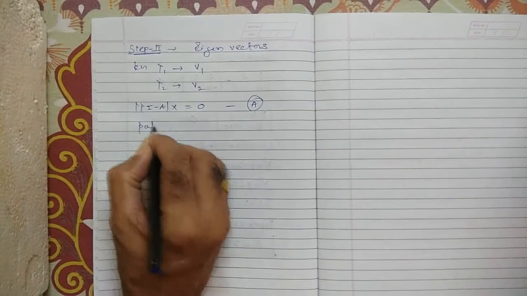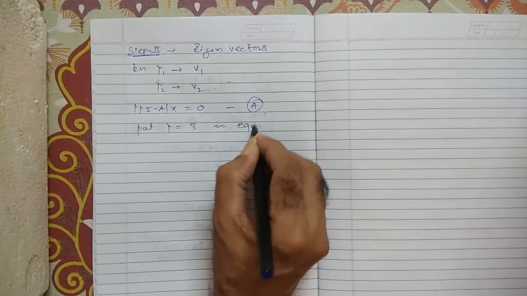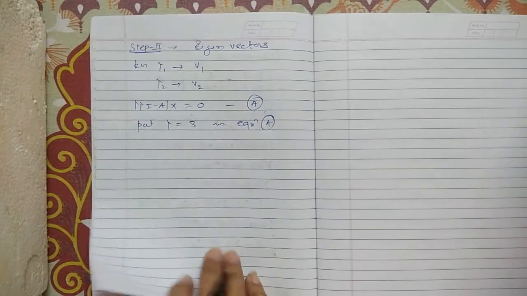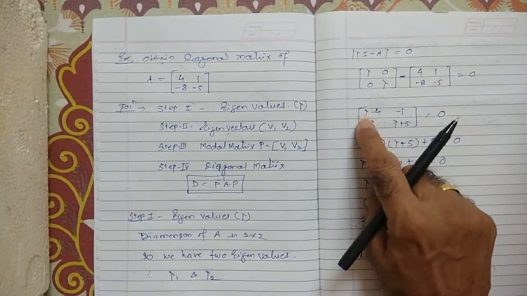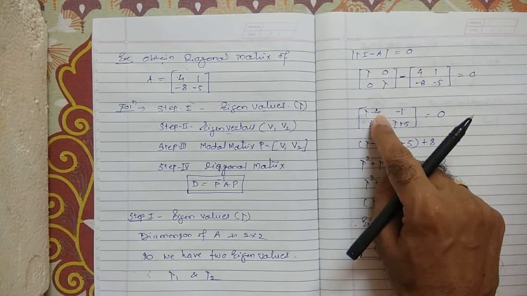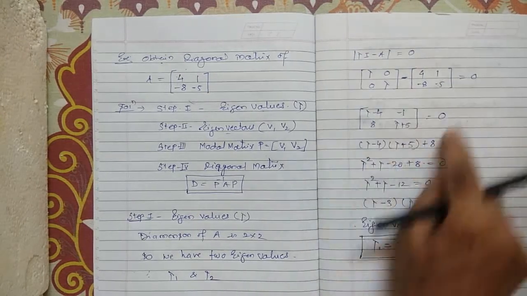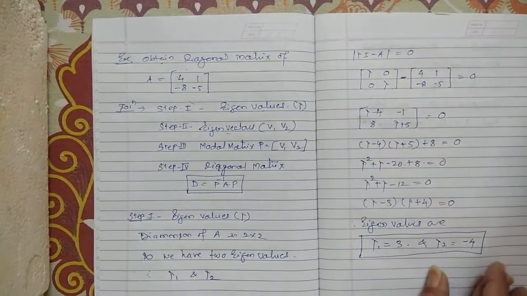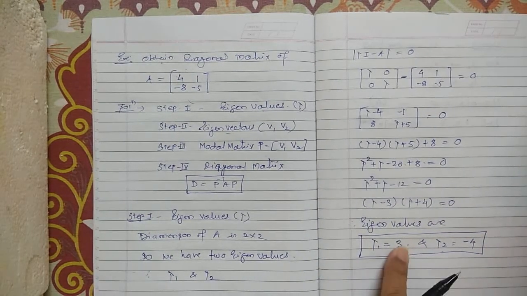Put lambda equals 3 in equation A. Lambda I minus A, that we know. Lambda I minus A equals how much? Lambda minus 4, minus 1, 8, lambda plus 5. Now in this equation, lambda equals 3.